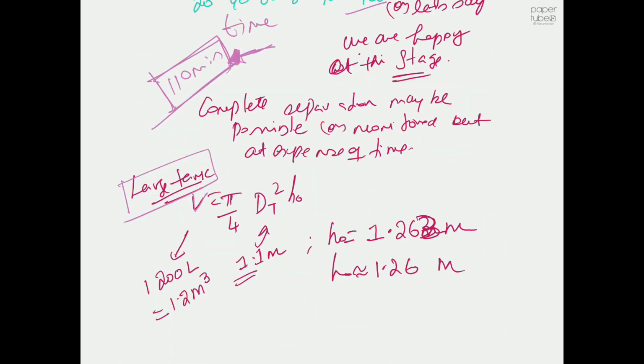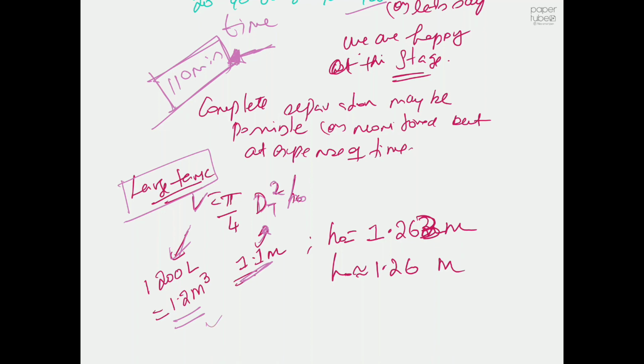meters. And then you can do the same for the larger tank. Just use volume is equal to pi by 4 diameter of the tank raised to the power 2 multiplied by H0, height of the tank. So we know the volume is 1200 liter, that's equal to 1.2 cubic meter, and the diameter of the tank I already gave in the problem, which is 1.1 meter.